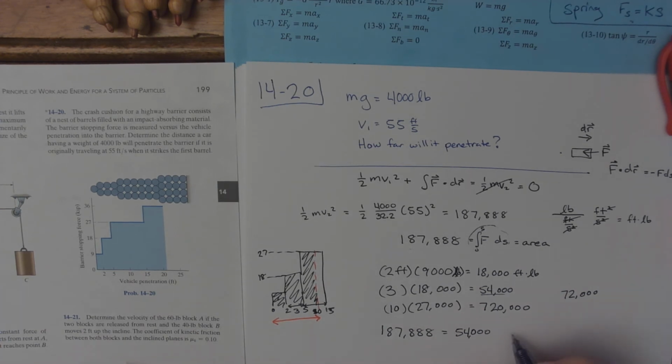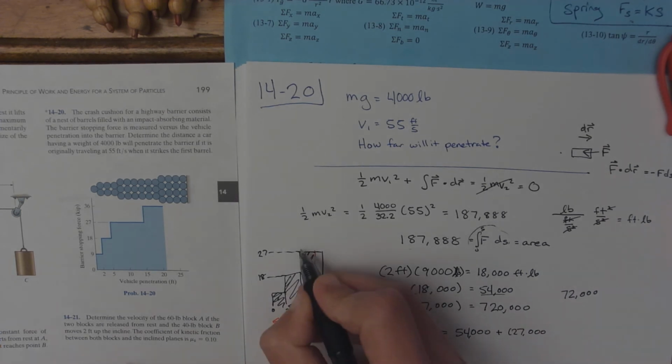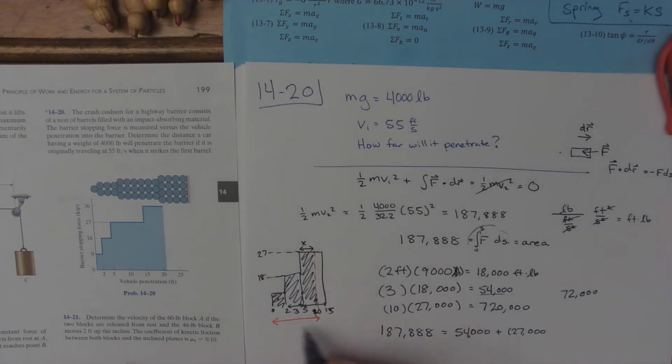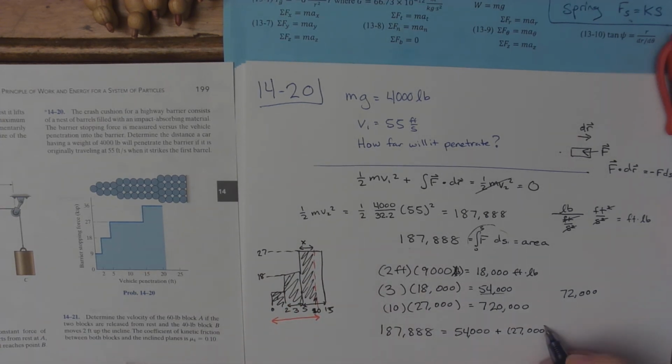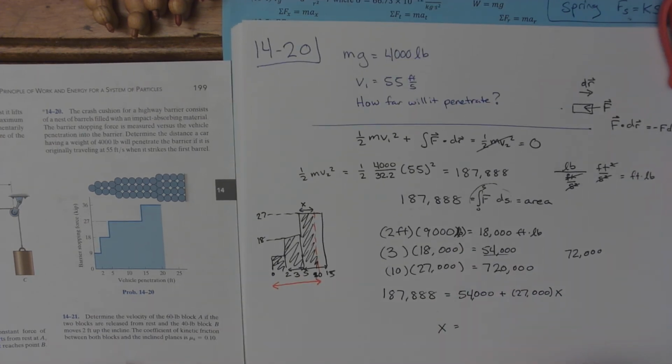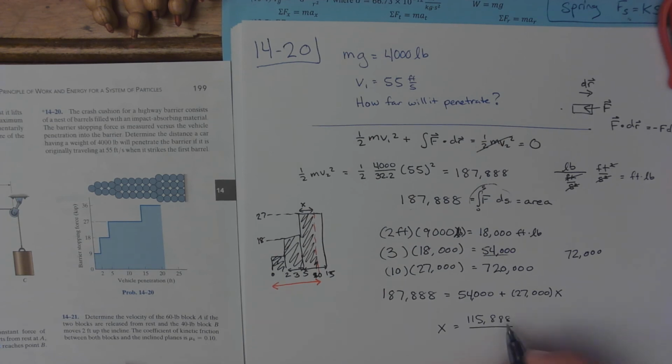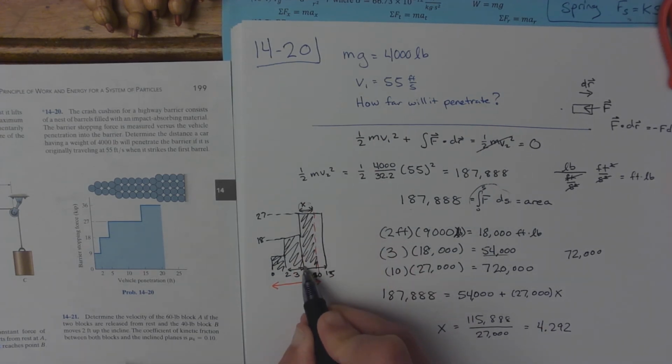So it's 54,000 plus the height of 27,000 times, let's just say for now, this distance x, and then use that to find the distance that we want. So x is equal to 187,888 minus 54,000, which is 115,888, divided by 27,000, which is 4.292, but that was just this distance here.